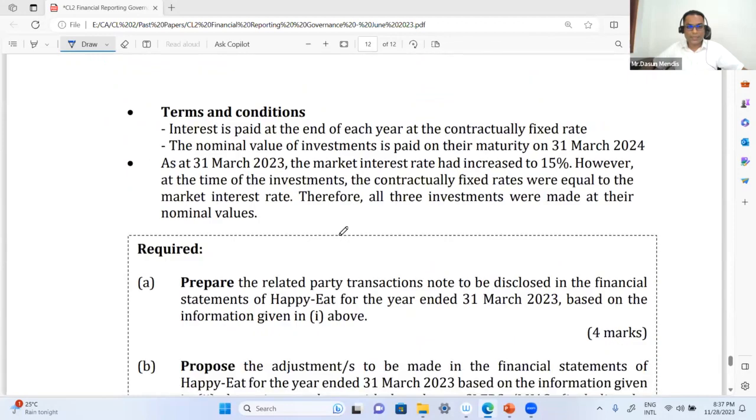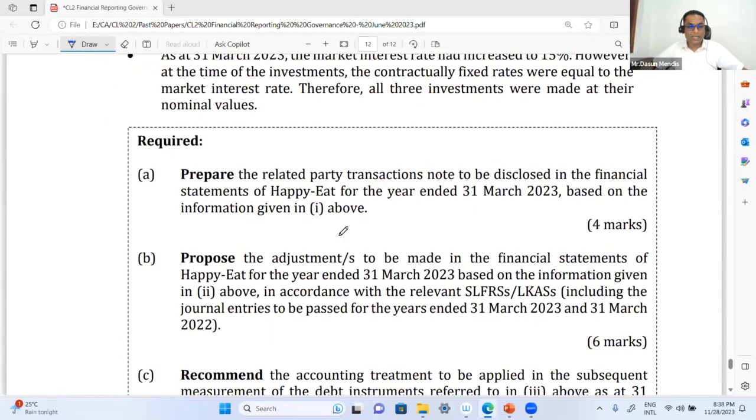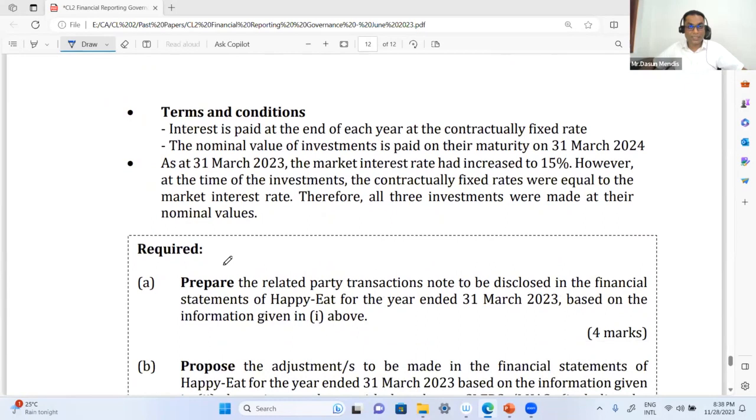If you look, there are 3 parts to this question number 7. Part A is: prepare the related party transaction note to be disclosed in the financial statements of Happy Eat for the year ended 31st March 2023 based on the information given in Roman number 1.